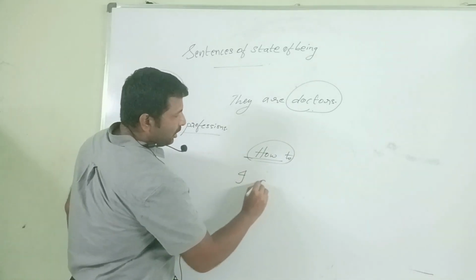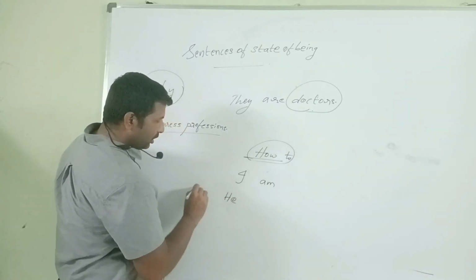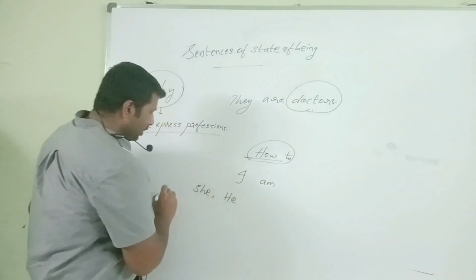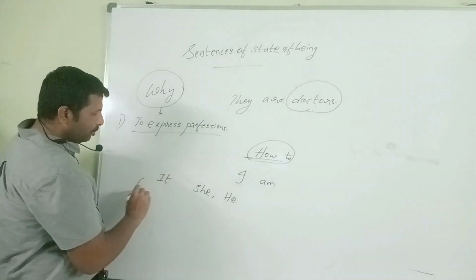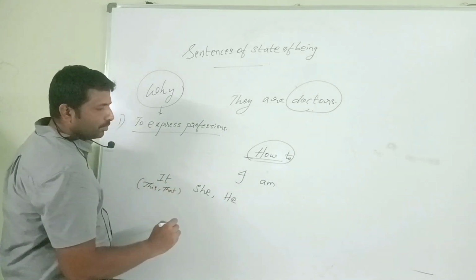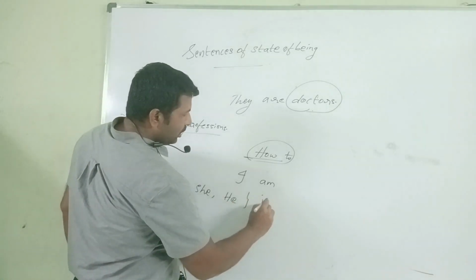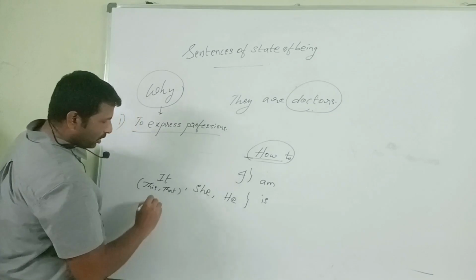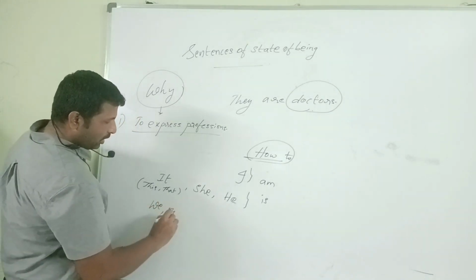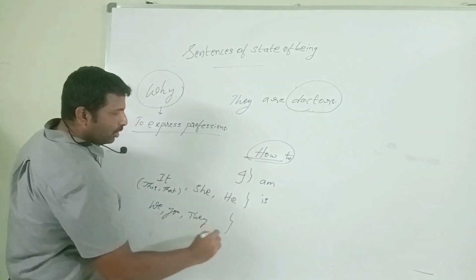Structures: I am, he, she, it. In the place of it there can be this and that. For he, she, it, is. Again, we, you, they are.